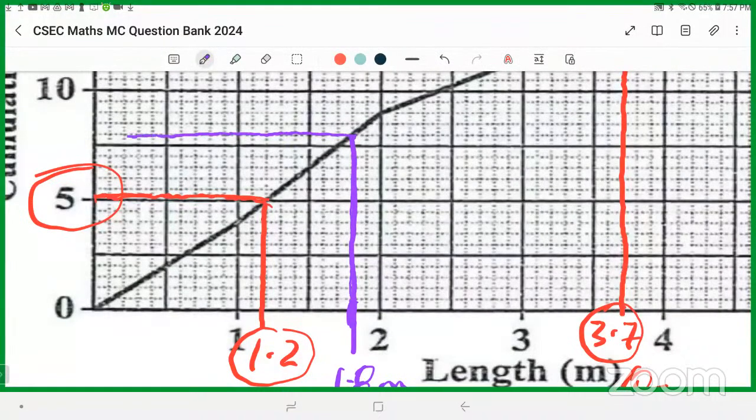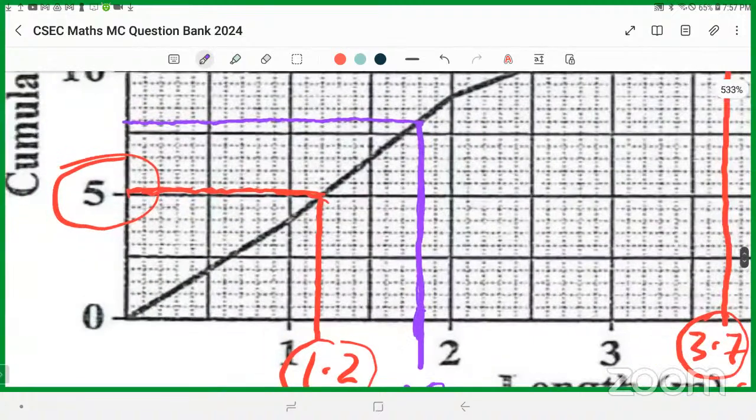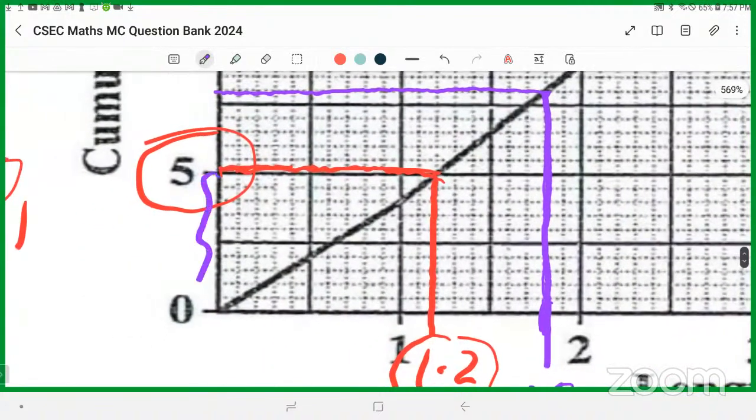So, let's read the scale properly now. There are 10 lines between 0 and 5, so each of those equal lines is 5 over 10, so each is a half. Or I can say every other line is 1. See there, 1, 2, 3, 4, 5. Every other line is 1.